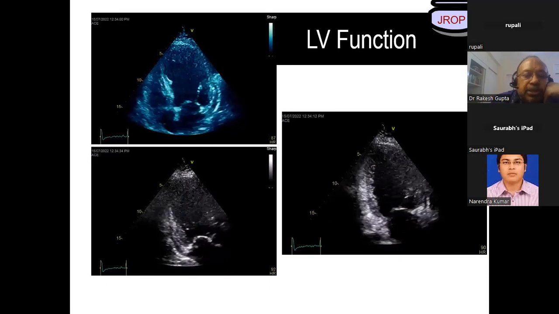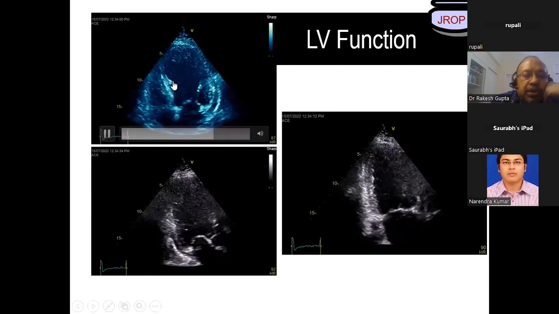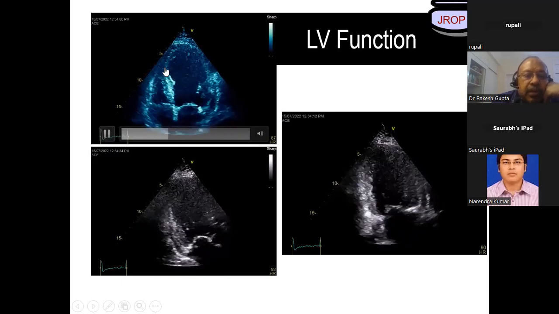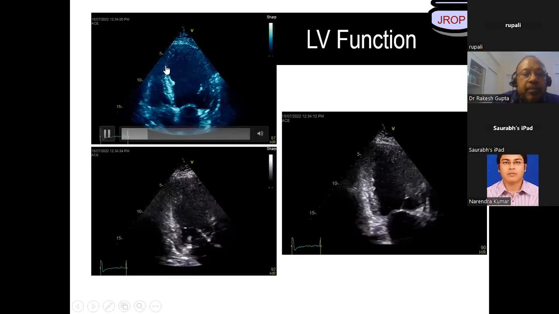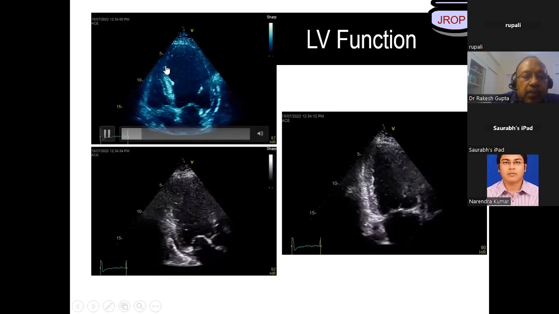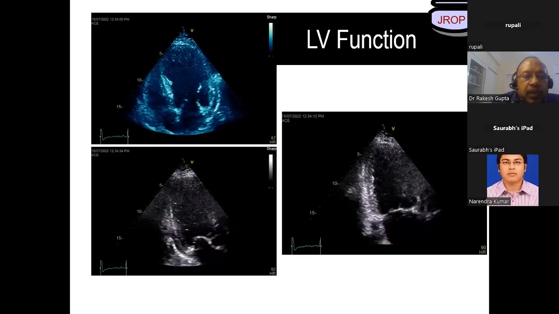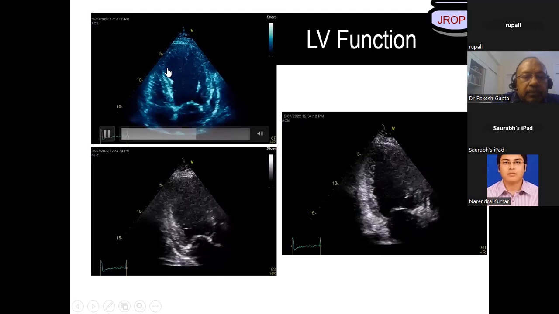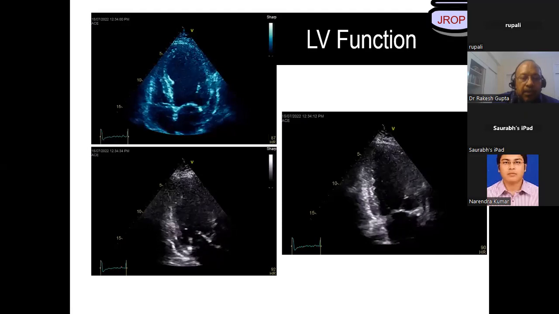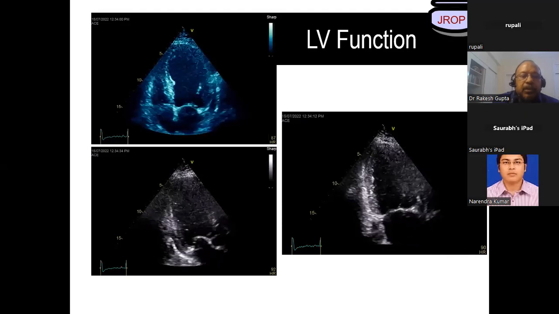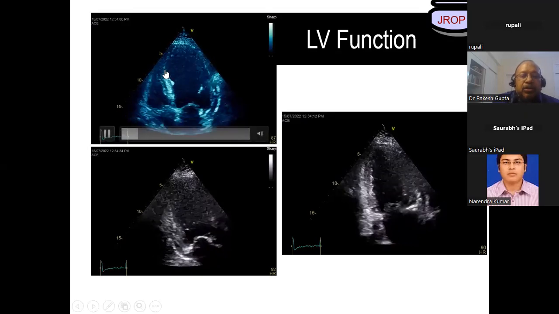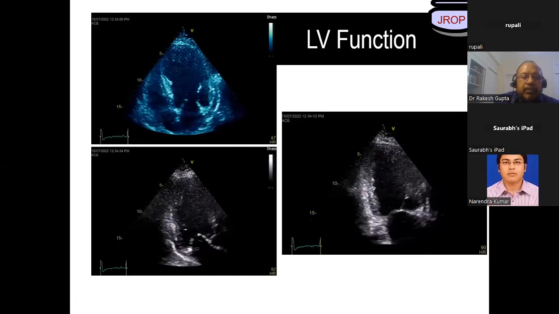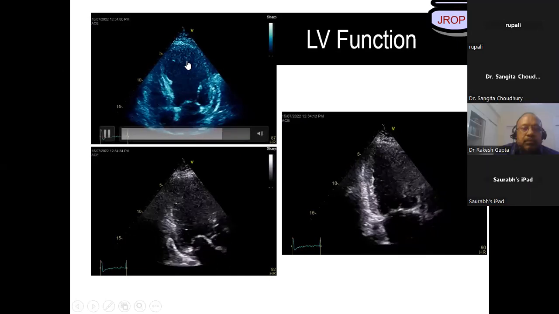You said the mid and basal septum is hyperechoic, akinetic, right? Yes. Then this segment? This segment echogenicity is okay, but there is clearly thinning seen, and the non-compaction. Now, when thinning is there, how can non-compaction be there? Sir, non-compaction is there in the apical and apicolateral walls.